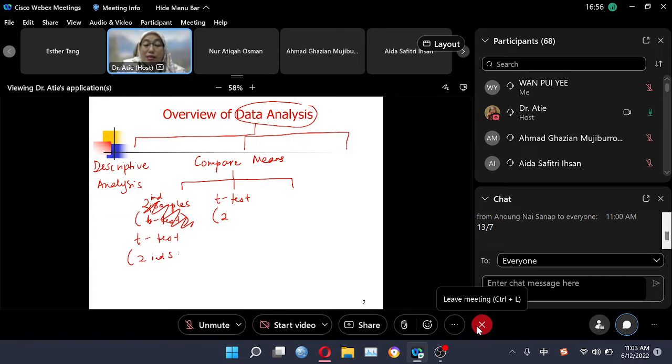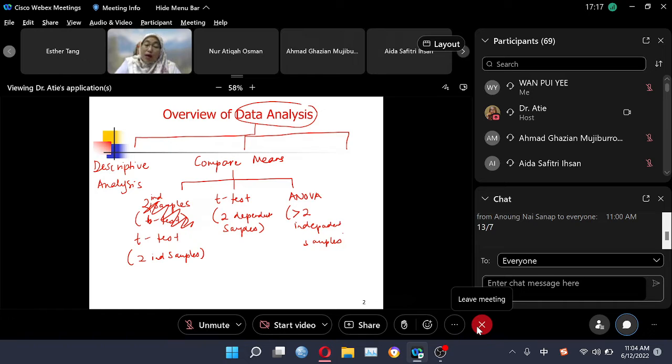And then t-test for two dependent samples. And we also have learned about ANOVA when we have more than two independent samples. And then the last part of the data analysis will be to find the relationship and association.